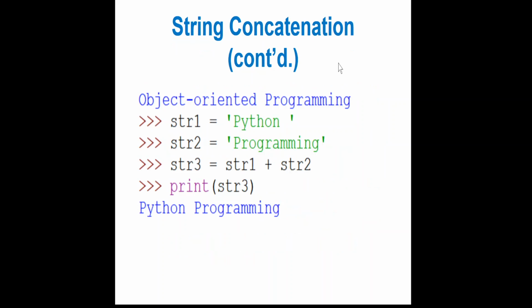Look at this. Earlier we used this object-oriented programming. Let's say we have string 1, Python, and string 2, programming. Let's say we create string 3, and it's just the appending of string 1 and string 2. So we append string 2 to string 1. Whatever is available in string 1 will be listed first, so it will be the beginning of the string created here.